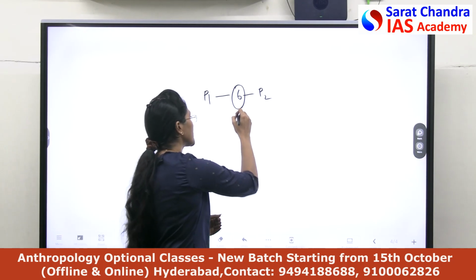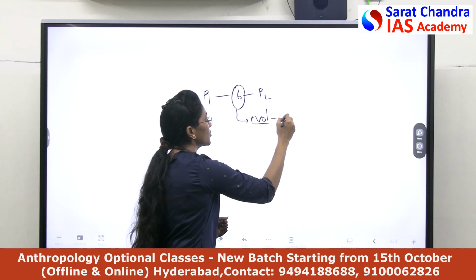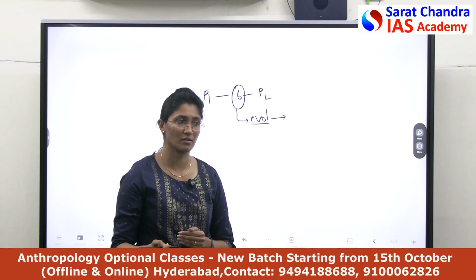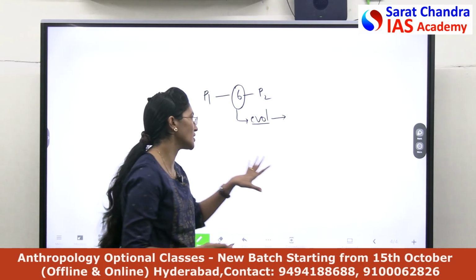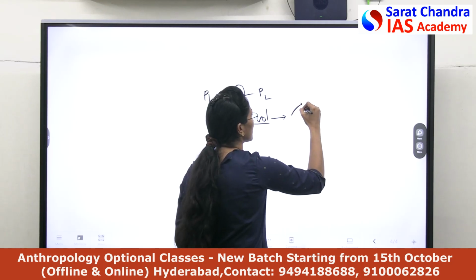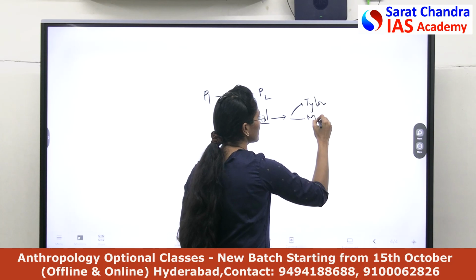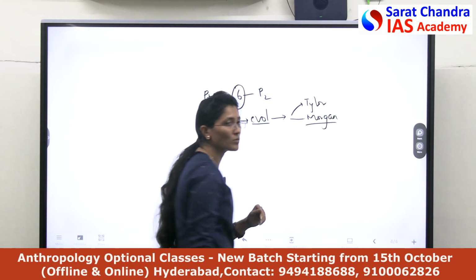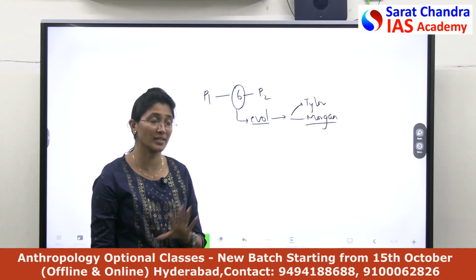We have evolutionism. Evolutionism speaks about how culture evolved, what is the origin of culture and how culture evolved. For this we have different thinkers like Tylor, Morgan. So this chapter is like a bridge between paper 1 and paper 2, and this is very important.